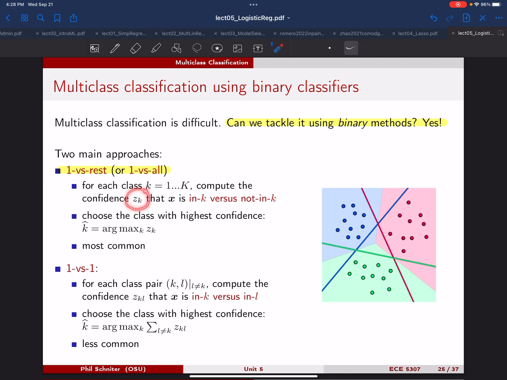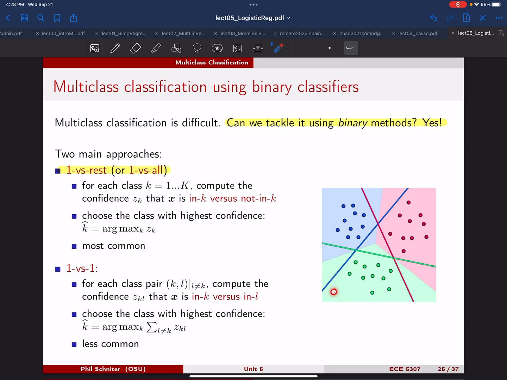So for each of these classifiers, you would get some sort of score z_k. Let's say there's a new test sample that happens to be over here. For blue, you can see it's on this side of the line. That means I think of it more as not blue, but maybe it's close to the line, so I'm not really that confident whether it's blue or not blue. On the other hand, for a point over here for my green classifier, that's going to give me a score which is pretty far on the green side of that line.